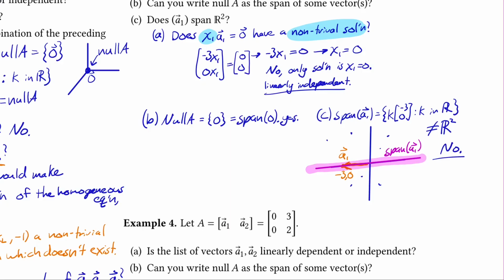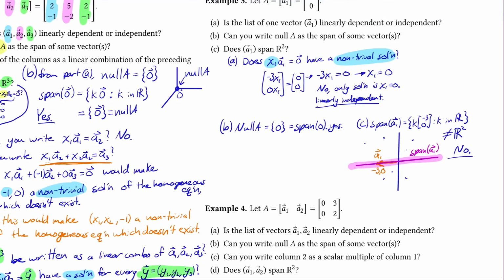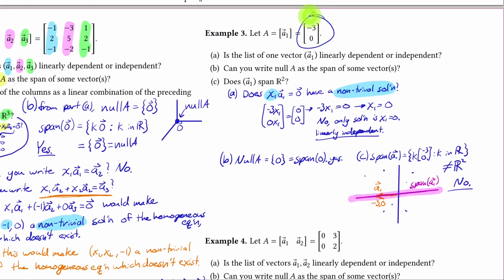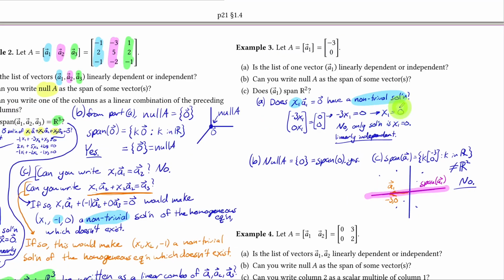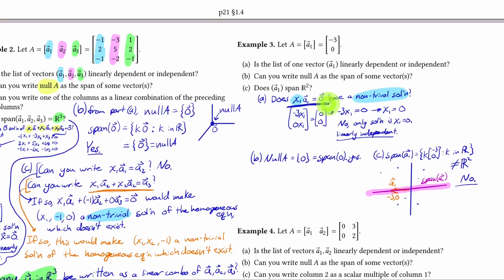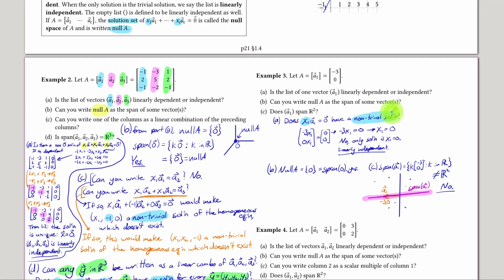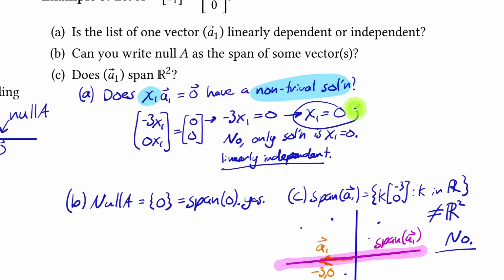Okay, so that one was a little easier. This is sort of a special case when you just have a single vector. And when you have a single vector, and that vector is non-zero, that was kind of important here. The only way you're going to get 0 as a multiple of this non-zero vector is when the scalar multiple is the trivial solution.